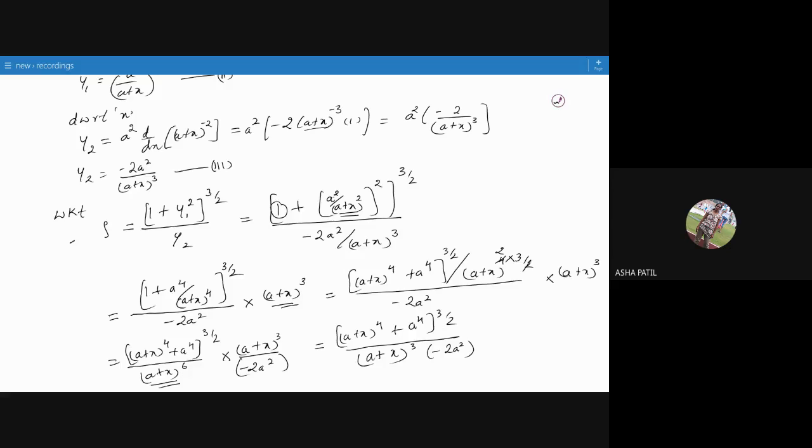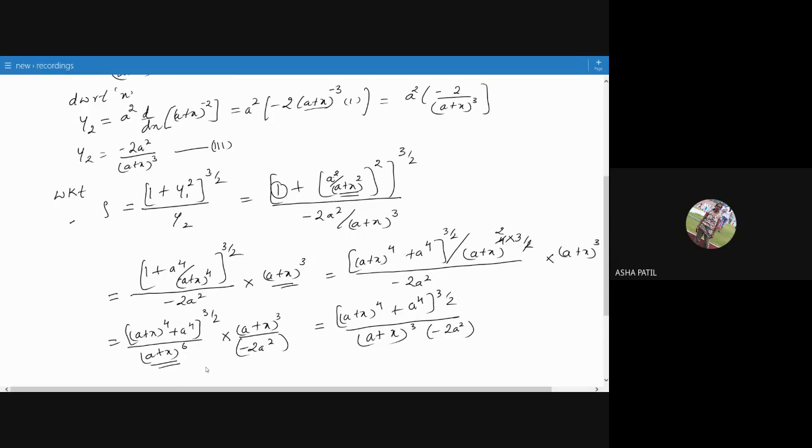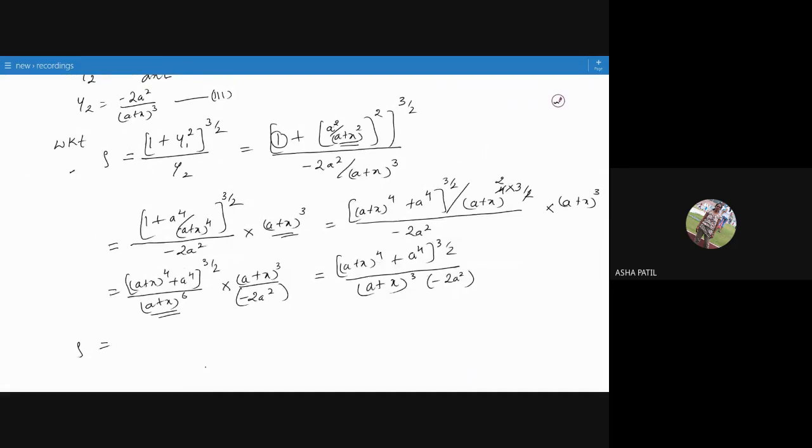Now let us go for rho. Rho is (a plus x raised to 4 plus a raised to 4) raised to 3 by 2, whole divided by minus 2a square into (a plus x) whole cube.